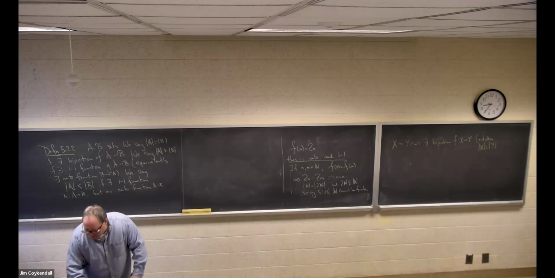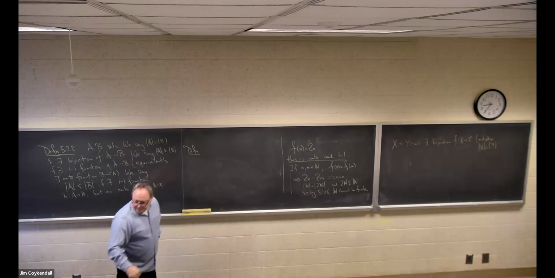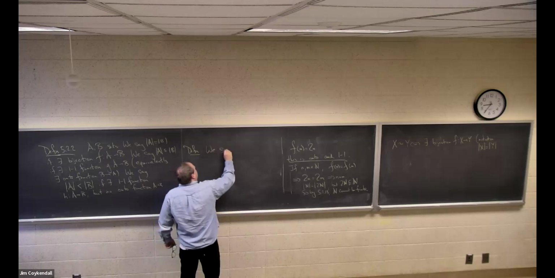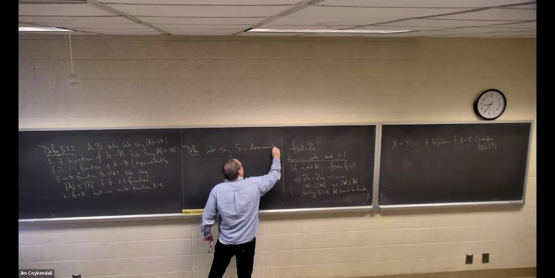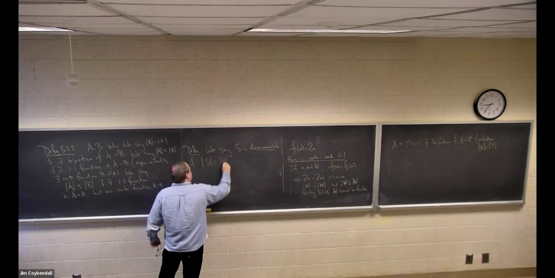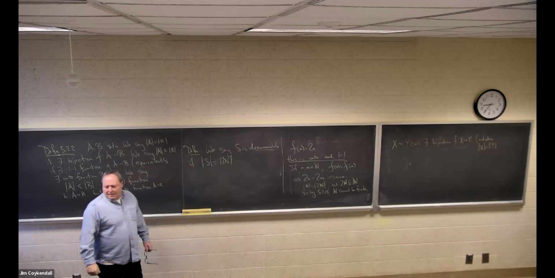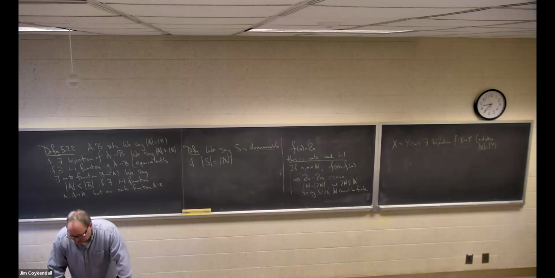We say that a set S is denumerable if it can be put in one-to-one correspondence with the natural numbers.